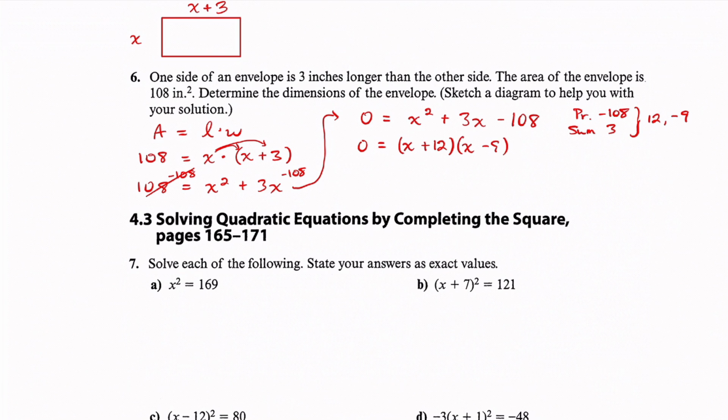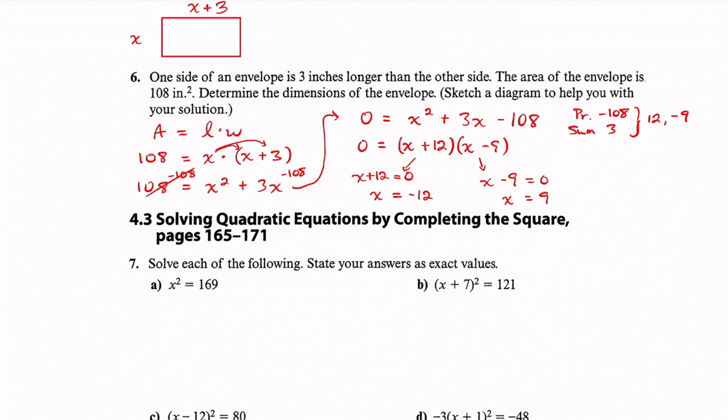And then I'll take each of those brackets and set them equal to 0. So I'll take this one, x plus 12 equals 0. Subtract 12 from both sides, and you get x equals -12. And then I'll take this one, x minus 9, set it equal to 0, and then add 9 onto both sides, and you get x equals 9.